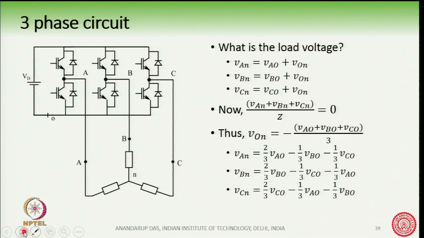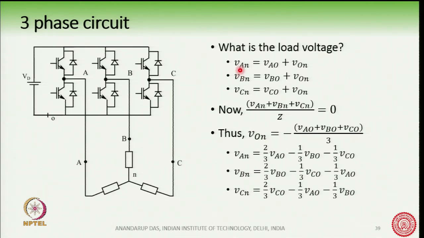So, if we have such a circuit, then we would like to know what is the voltage across the load, because ultimately the converter is supplying a load and we are interested to know how much voltage can be applied to the load, and what is its relationship with the converter voltages. So, in order to find it, we write Kirchhoff's law.